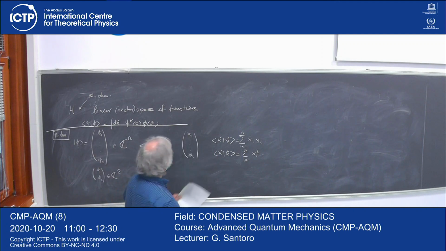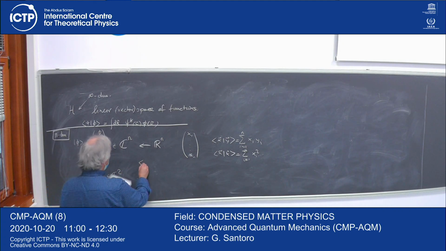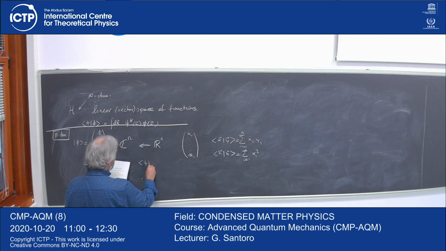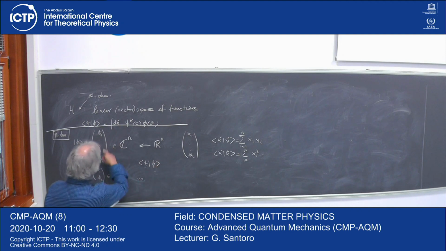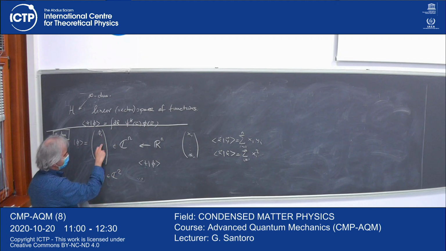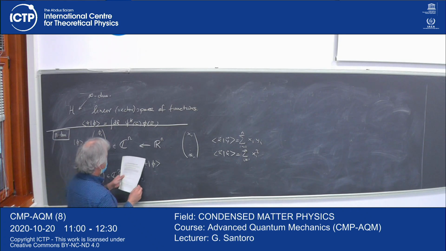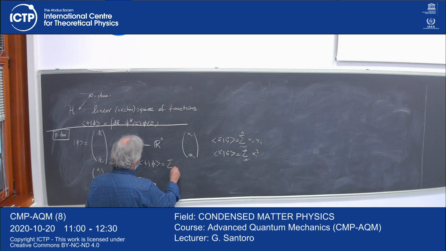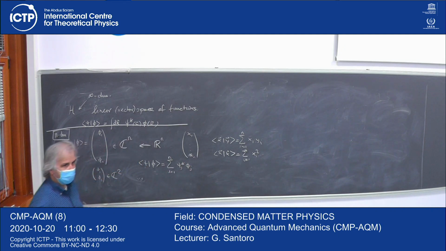Now I want to do the same thing for complex numbers. I take an element psi and an element phi. I don't use phi1 and phi2 because I want to have the liberty of using 1 to n for the components, so I use two different symbols for the two different vectors in the space. So this is equal to the sum over, say, j from 1 to n of psi j star phi j.